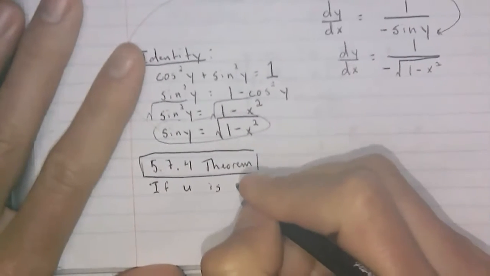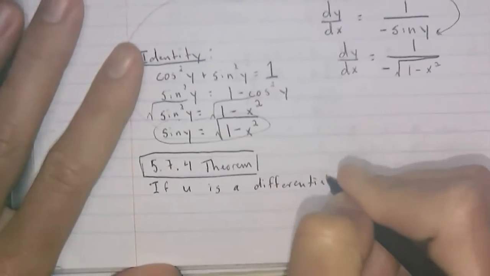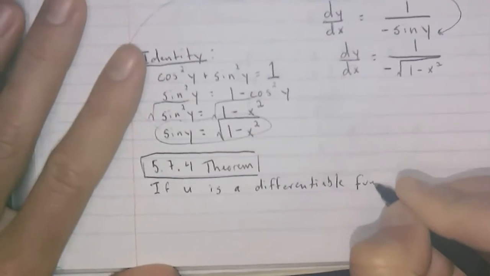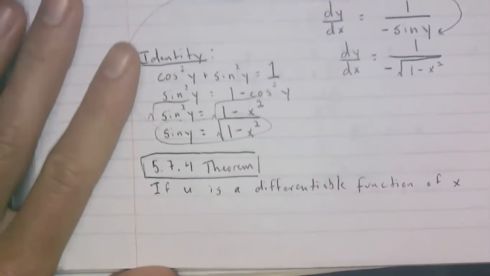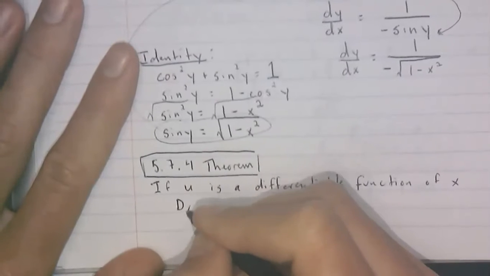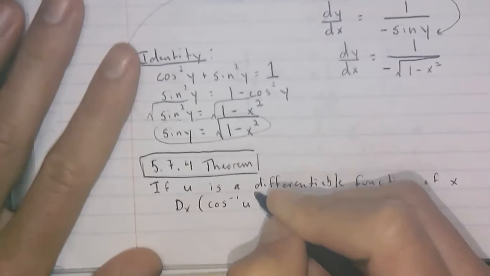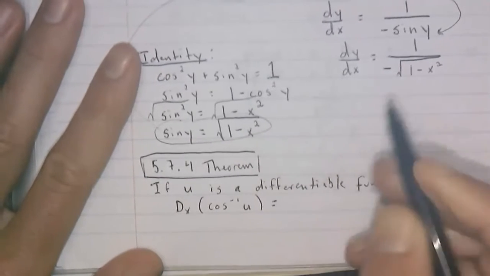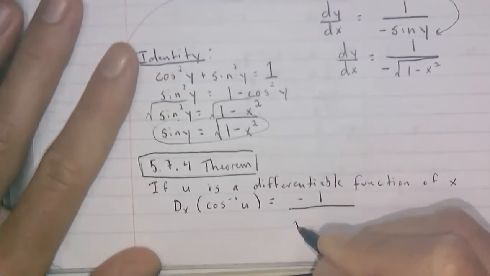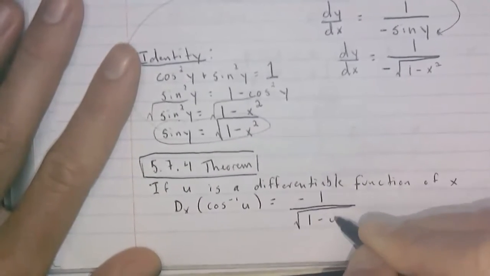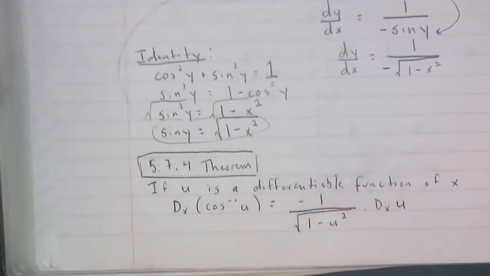If u is a differentiable function of x, then the derivative with respect to x of our inverse cosine of u is equal to negative 1 over the square root of 1 minus u squared times the derivative with respect to x of u.